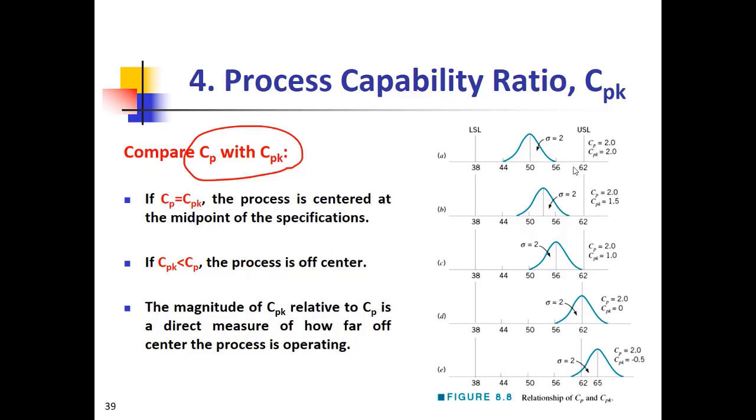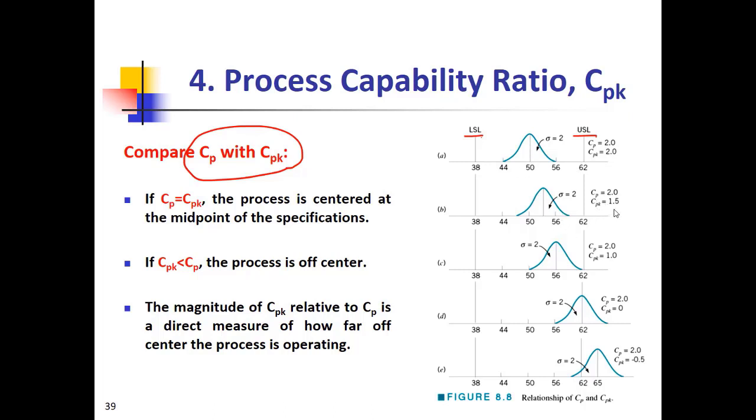If CP and CPK are 2, the data are very well distributed, equally distributed between LSL and USL, and they are far from LSL and USL. This is shown by CP, and they have equal distance from LSL and USL. They are really in the center and very well distributed.